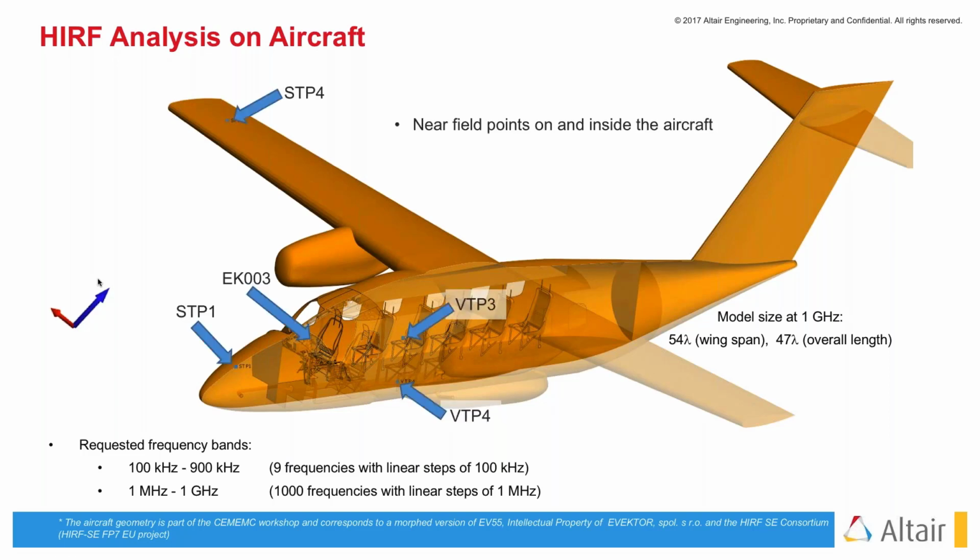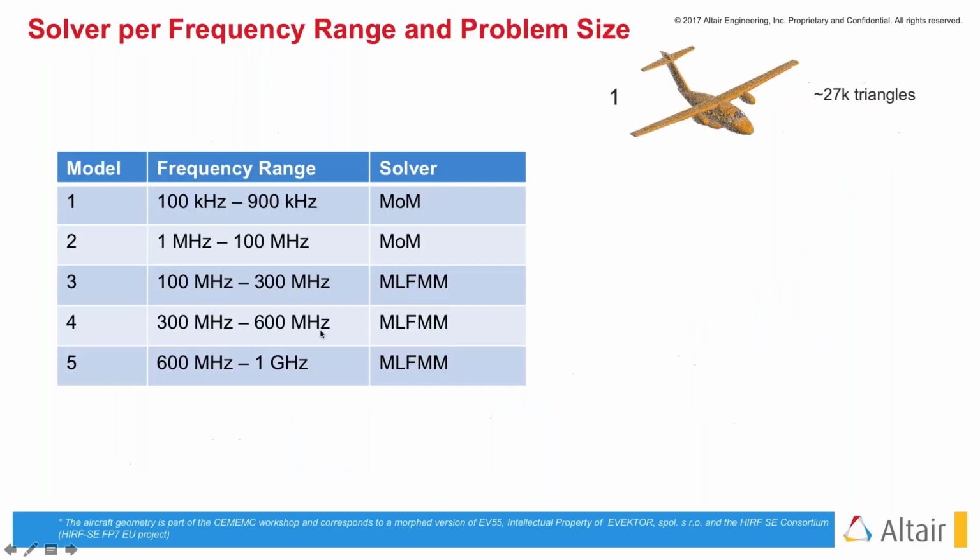We needed to calculate the near field at 4 points, 2 of which were inside the airplane and 2 outside. So outside here and here, inside here and here. And additionally, we also need to calculate the currents induced along the cable harness.